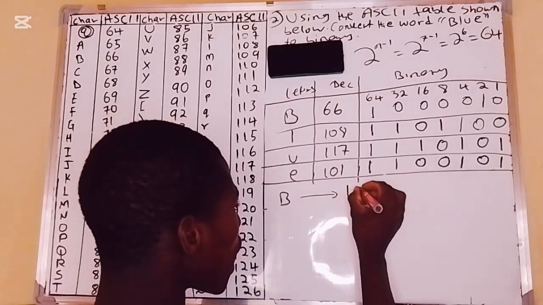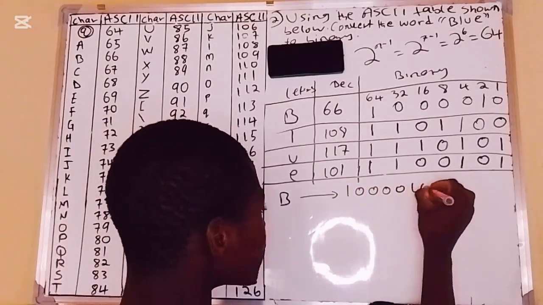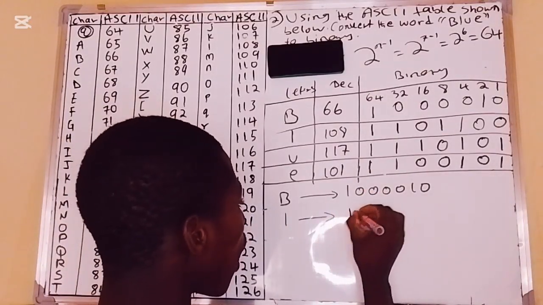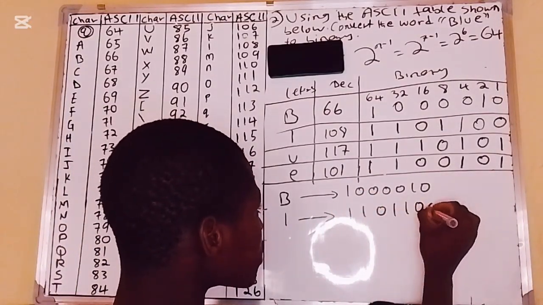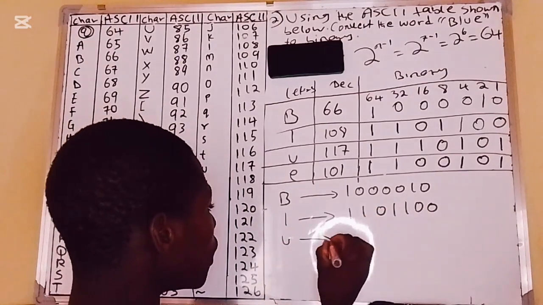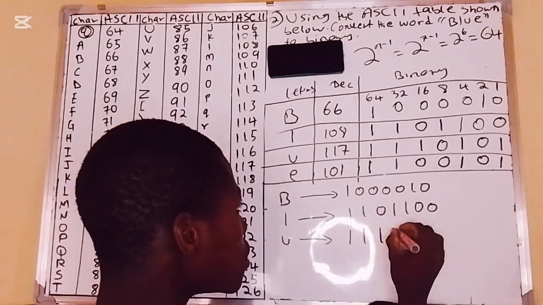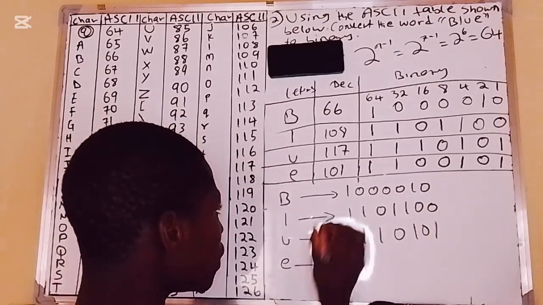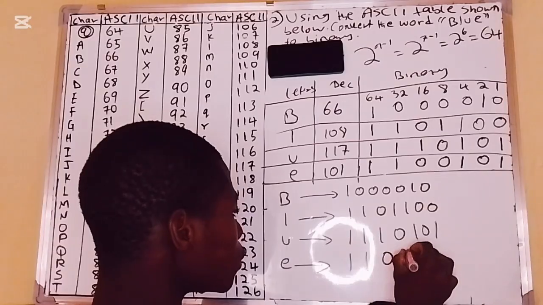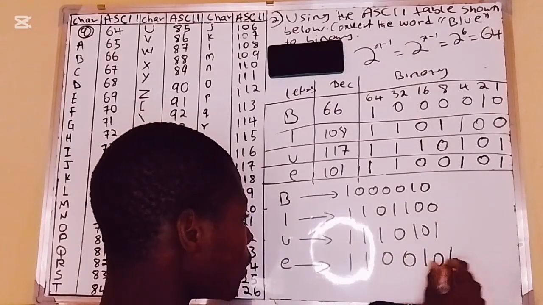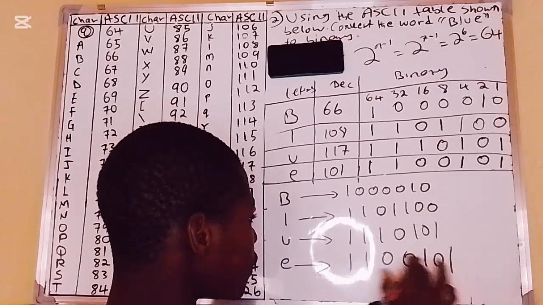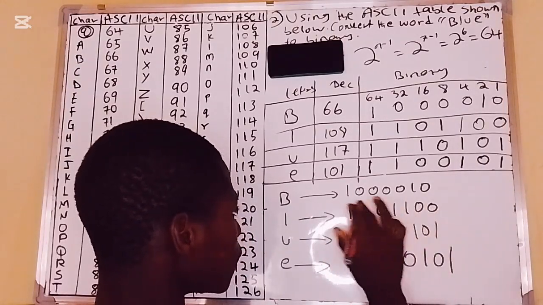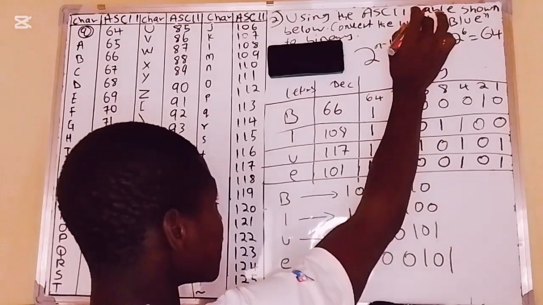B is the same thing as 100010, and L is the same thing as 110110, and U stands for 111001, and the small letter E is 11001001. Seven digits each: 1 2 3 4 5 6 7, as I said.